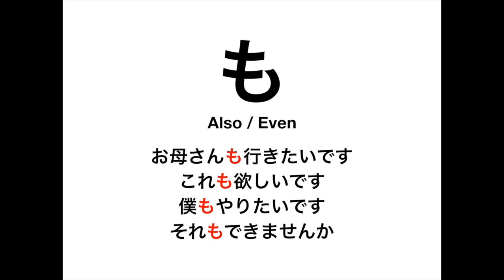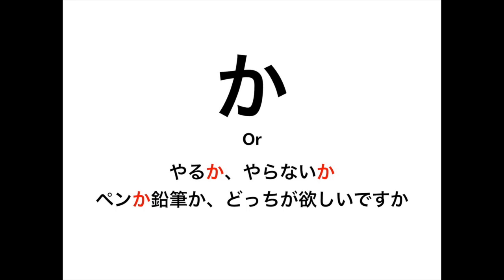Okay, so the next one is か, which means or. Okay, so pretty simple. It's just or, exact same way like English. So やるかやらないか, it's like will you do it or will you not do it? And the next one is ペンか鉛筆かどっちが欲しいですか?